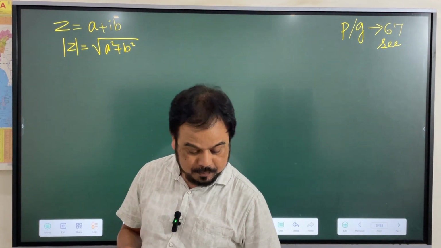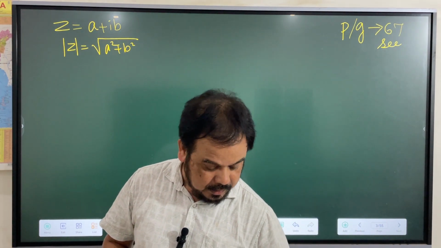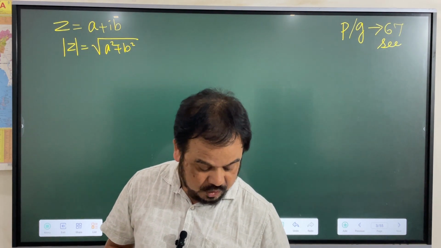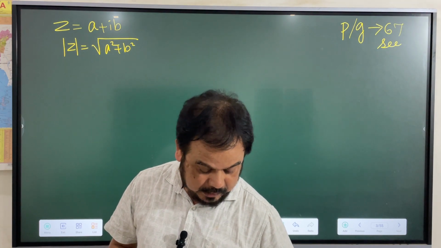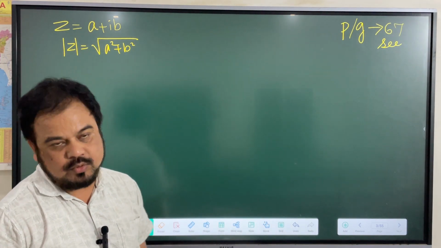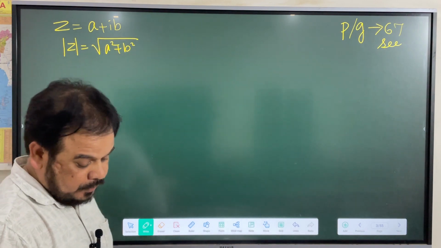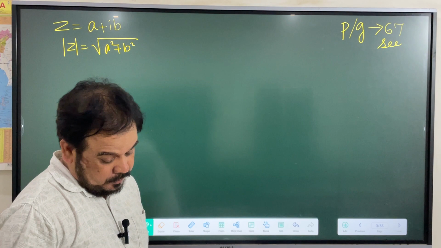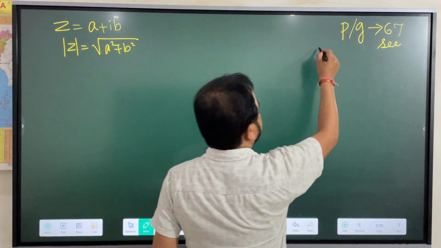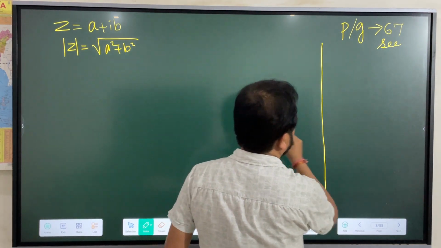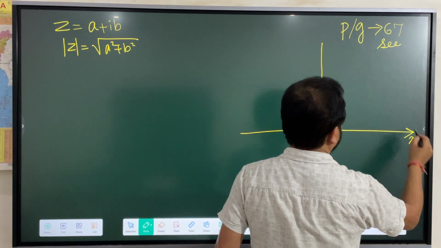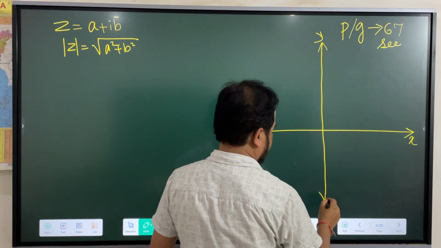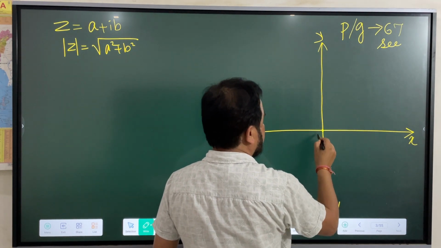Now in this part about the modulus, we also have on page number 75, figure number 2.8, one diagram. That is in the Argand plane. Already these things are explained. This is origin.